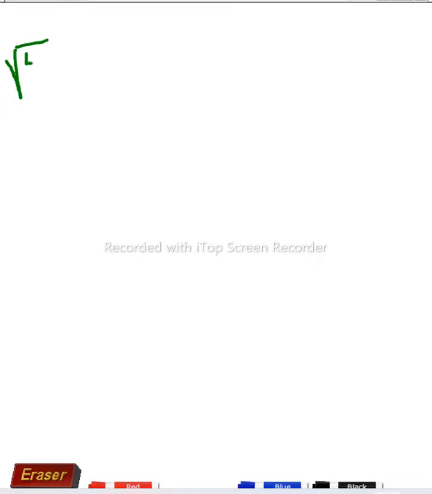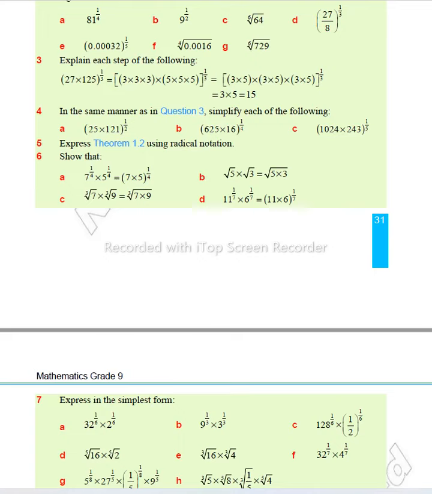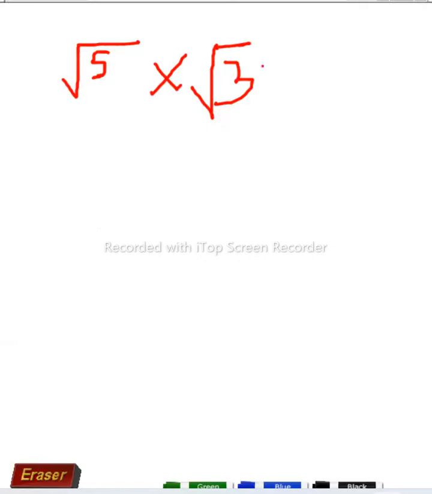Square root of 5, it is better to write with a red pen to make it clear, square root of 5 times square root of 3. I think the question says it like this. Yes, again, let us show that it is equal to the square root of 5 times 3.